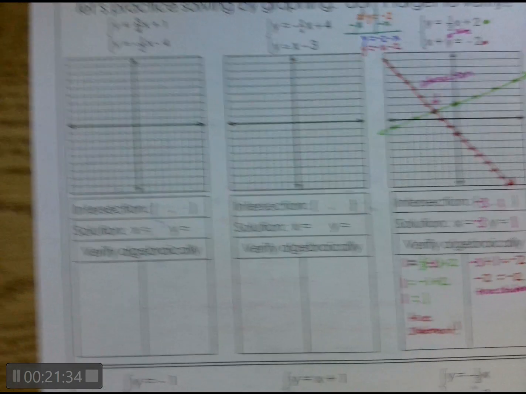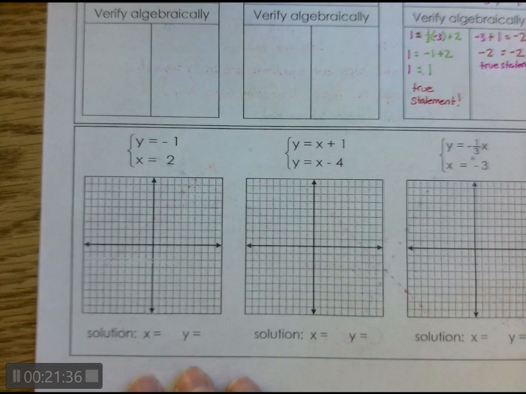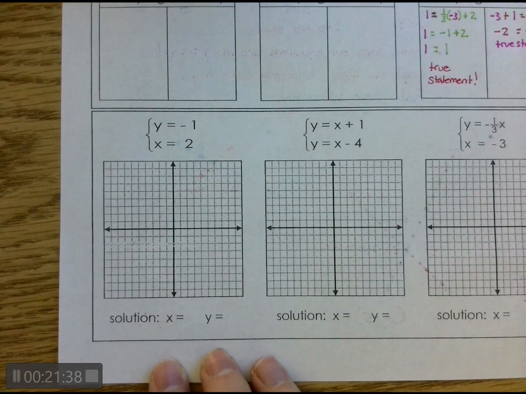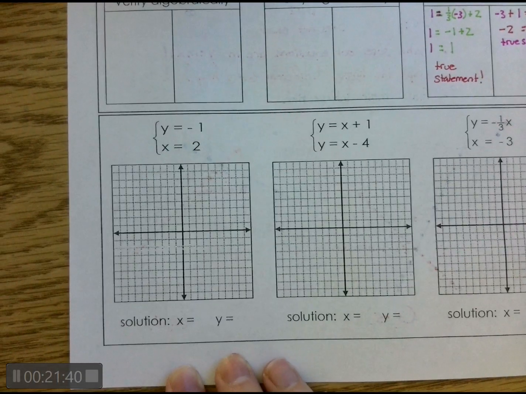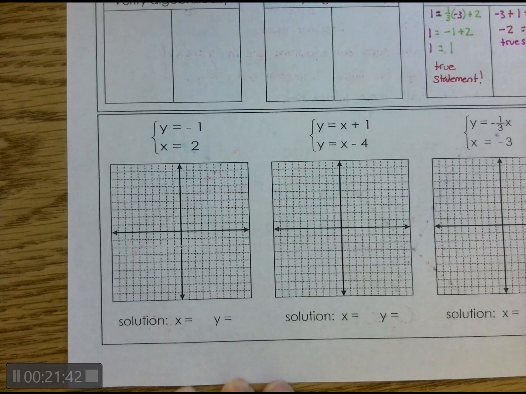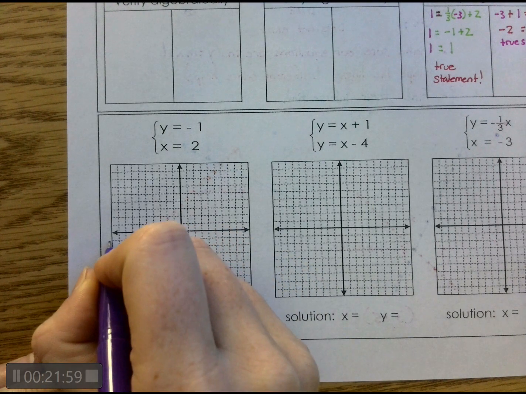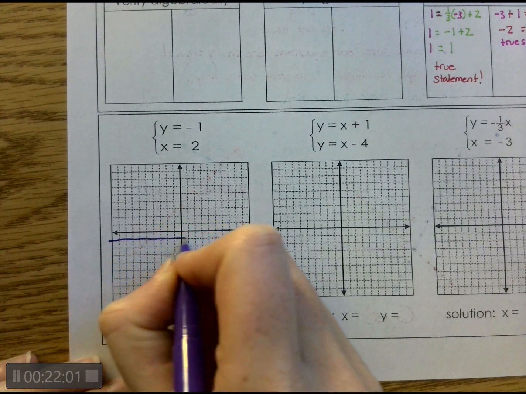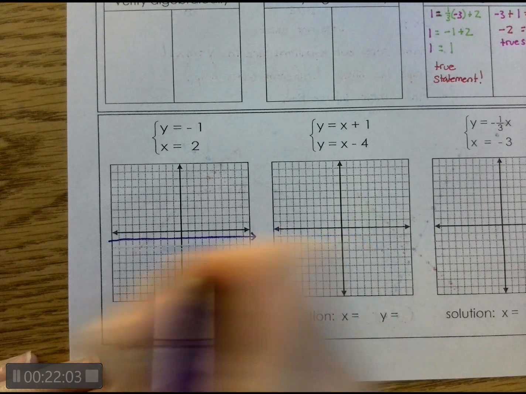Alrighty. So now you have verified your solutions. We're going to go over here. Alrighty. So now we have y equals -1 and x equals 2. So y equals -1 is where y will always equal -1. So where y always equals -1 is this line right here.